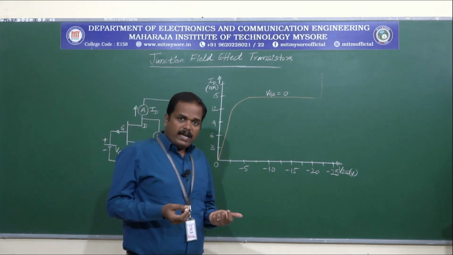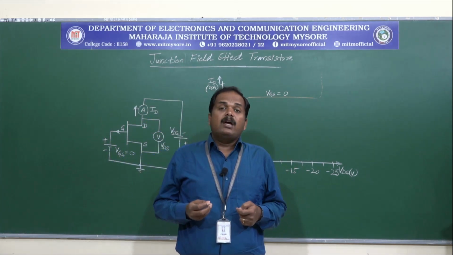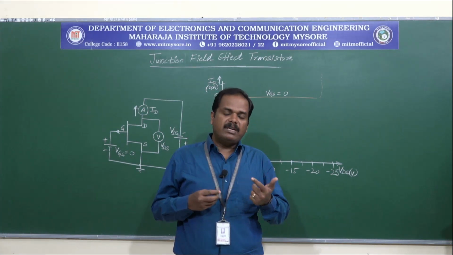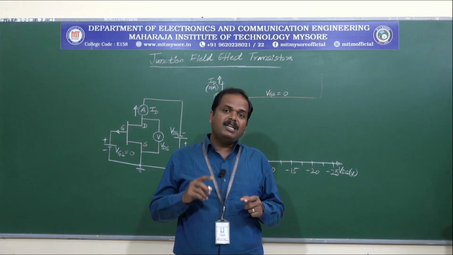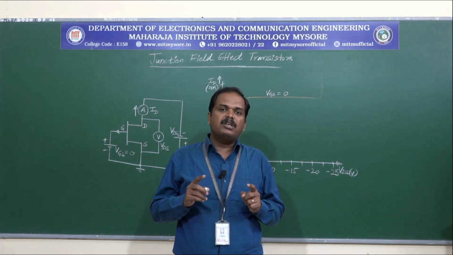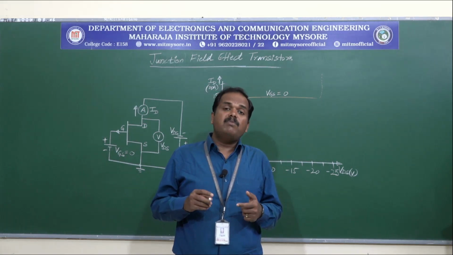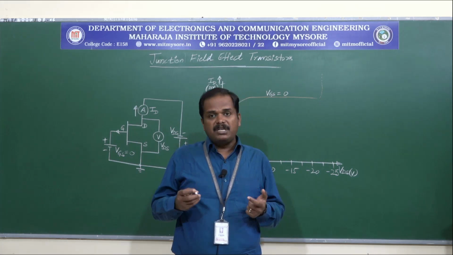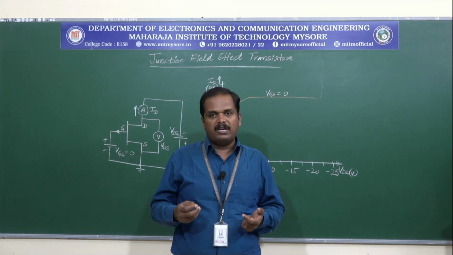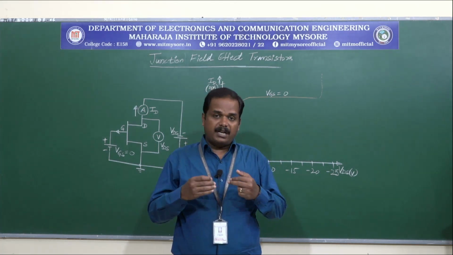Now what if I increase VGS? As I was just indicating, any positive voltage applied between gate and source will make the junctions at the gate channel region reverse biased, and this will make the depletion regions penetrate deeper into the channel region, and this will cause the drain to source current to reduce.